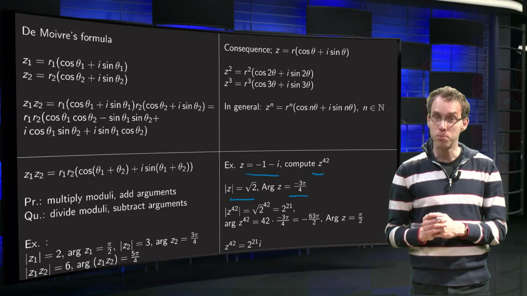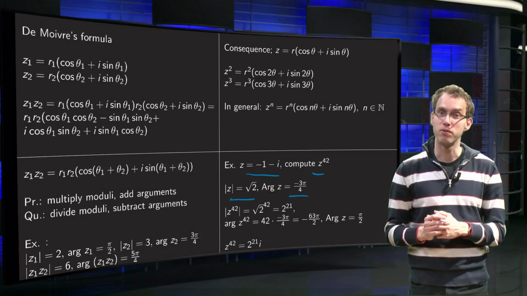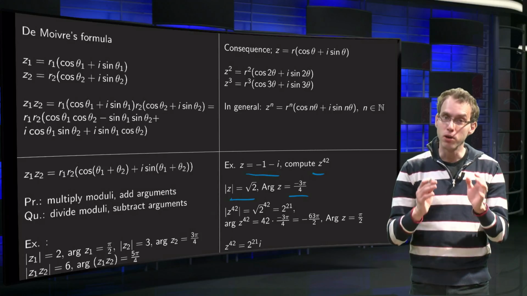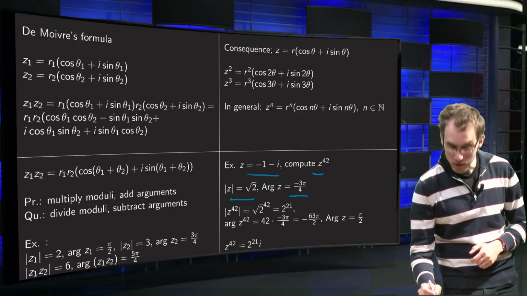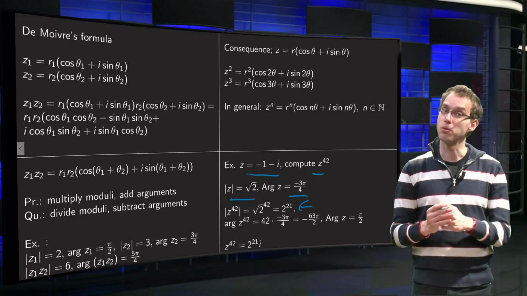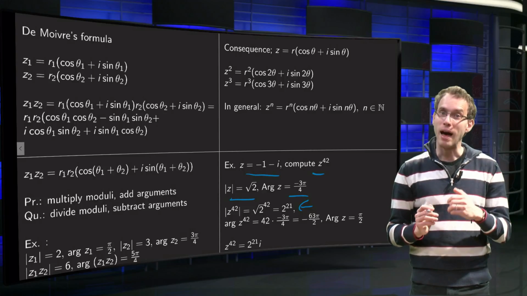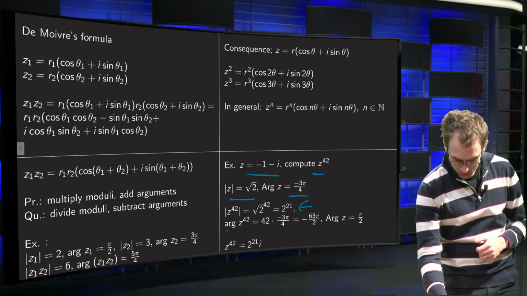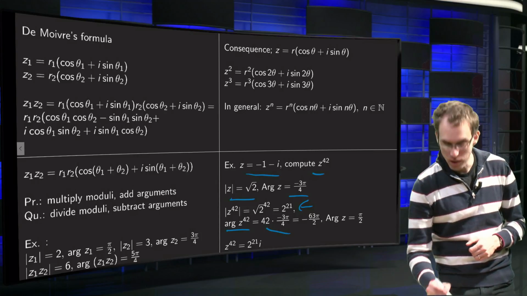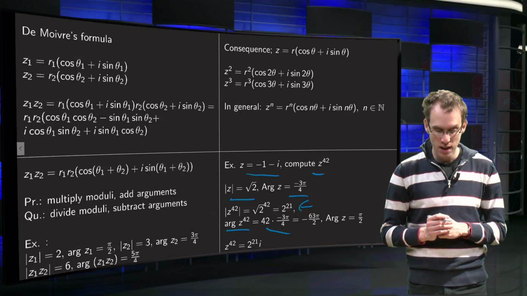And then computing z to the power 42 is easy, because the modulus of z to the power 42 equals the square root of 2 to the power 42 equals 2 to the power 21. And then the argument of z to the power 42 equals 42 times the argument of z.